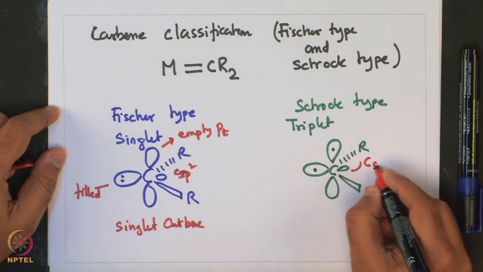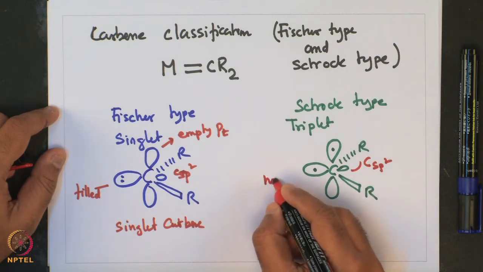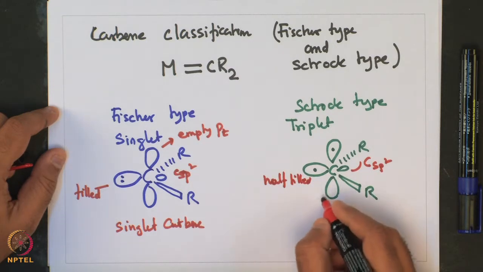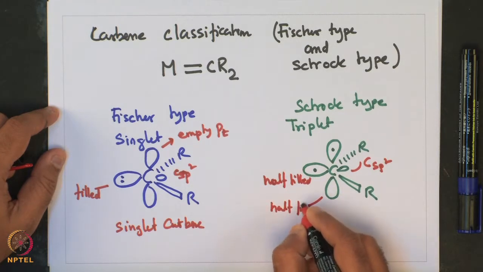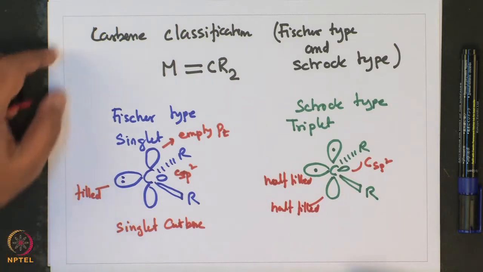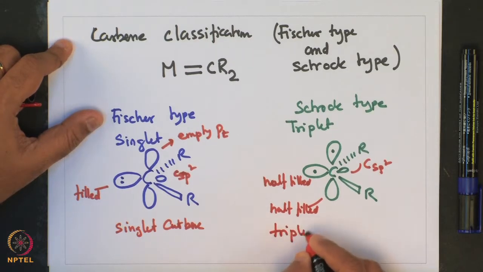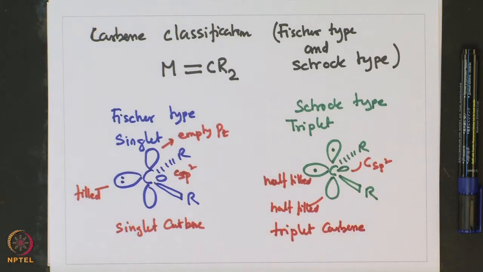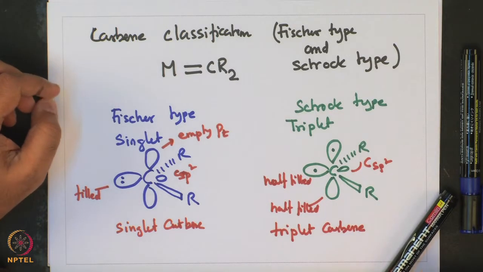So, this is C sp2 similar to what it is, but this is half filled as well as the pz is also half filled. So, this type of carbene represents triplet carbene. As the orbitals and the electronic structure of these carbenes are different, their engagement with the metal center is also different, and they define different kinds of reactivity.